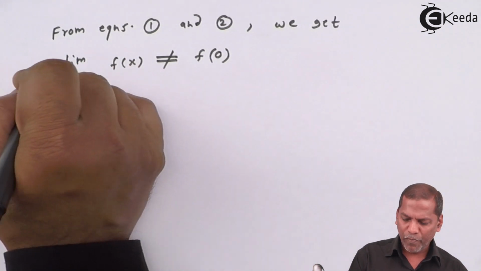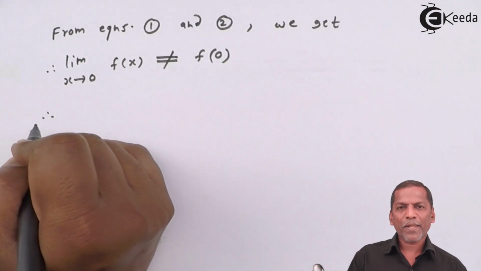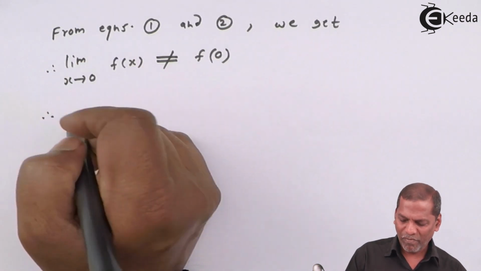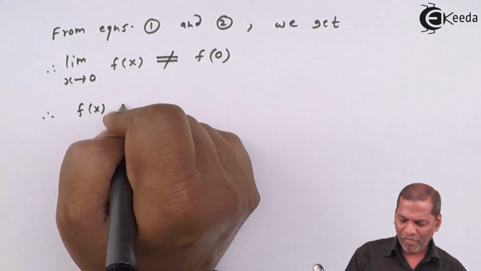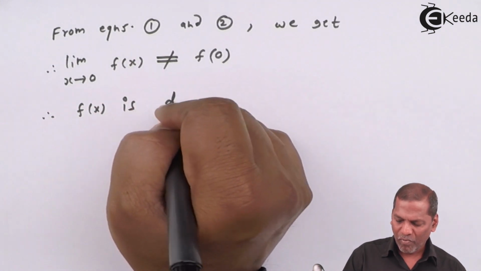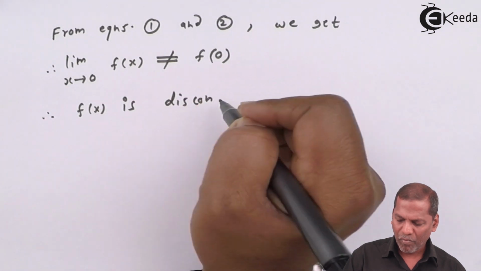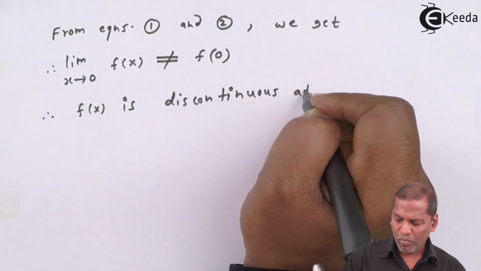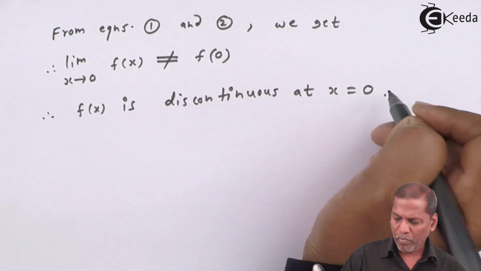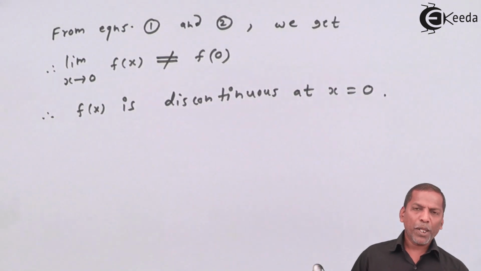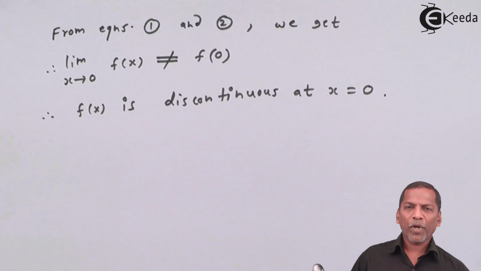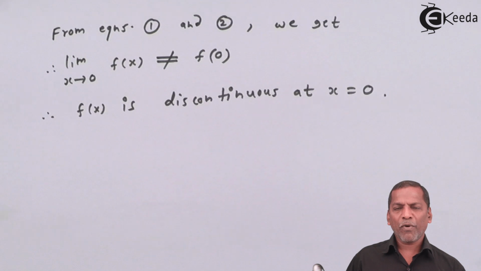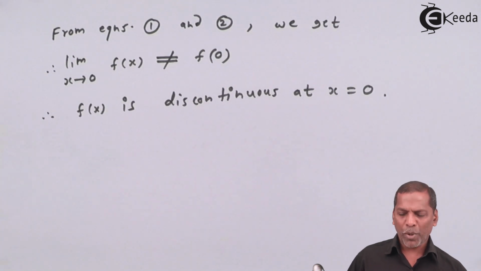And therefore f of x is discontinuous at x equal to 0. Now this discontinuity is removable by redefining the given function as follows.